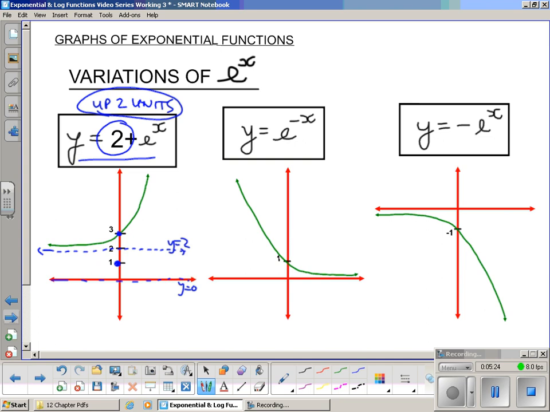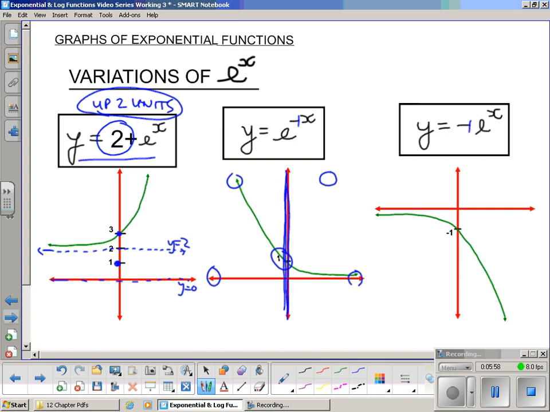Now here, what's the effect of having a minus, or a -1 really, in front of the power? Well, you can see that it's mirror reversed the usual y equals e to the x curve around the y-axis. So where the asymptote used to be on this side, it's now on this side. Where the exponential used to be up here, it's now up here. We've still kept the y-intercept of 1 though. And a -1 out the front of our basic curve, what effect has that had?